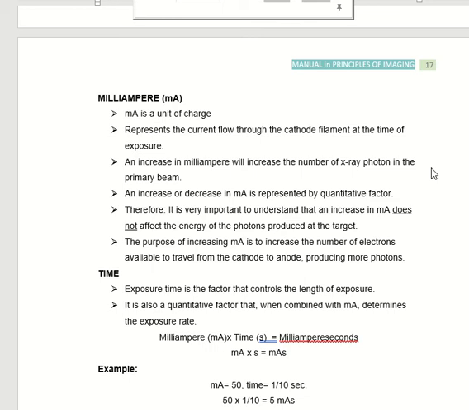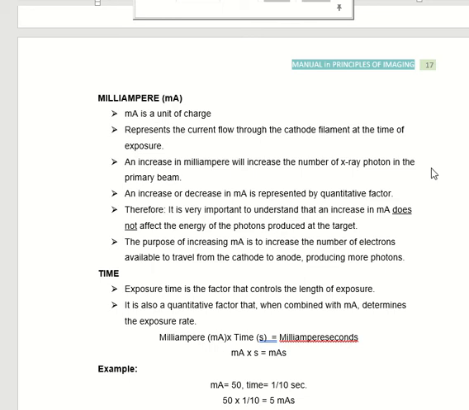So when there is an increase in MAS, the number of electrons will also increase. And because there is a proportional relationship between the number of electrons produced in the filament and the number of X-rays produced at the cathode, therefore, the number of X-rays will also increase.